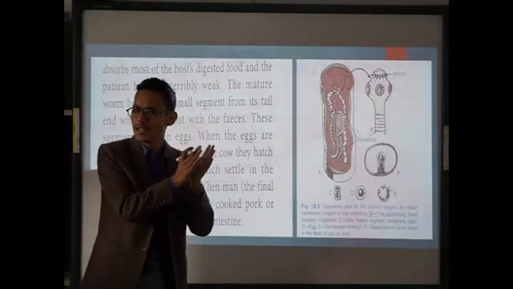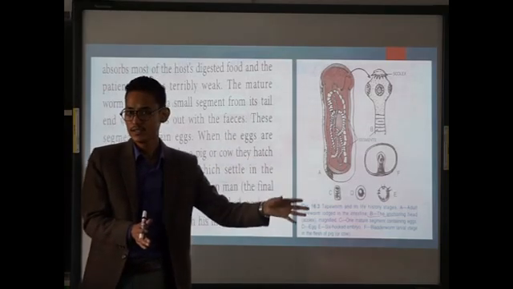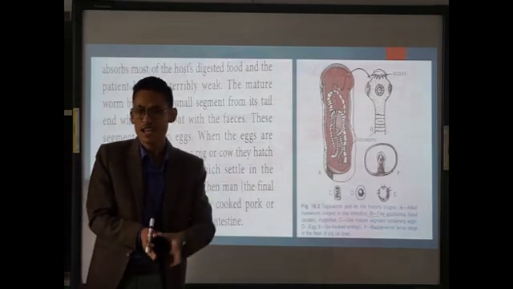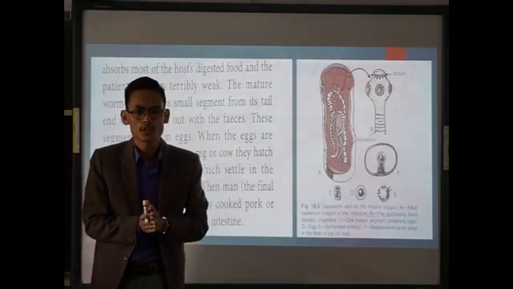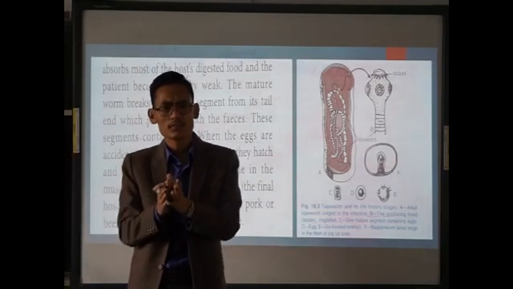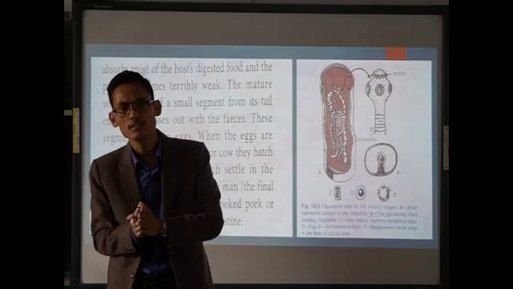Ascariasis is caused by Ascaris lumbricoides, Filariasis, also called Elephantiasis, is caused by Wuchereria bancrofti, and Taeniasis is caused by Taenia solium. And remember the symptoms of the disease and how they are transmitted from one individual to another.